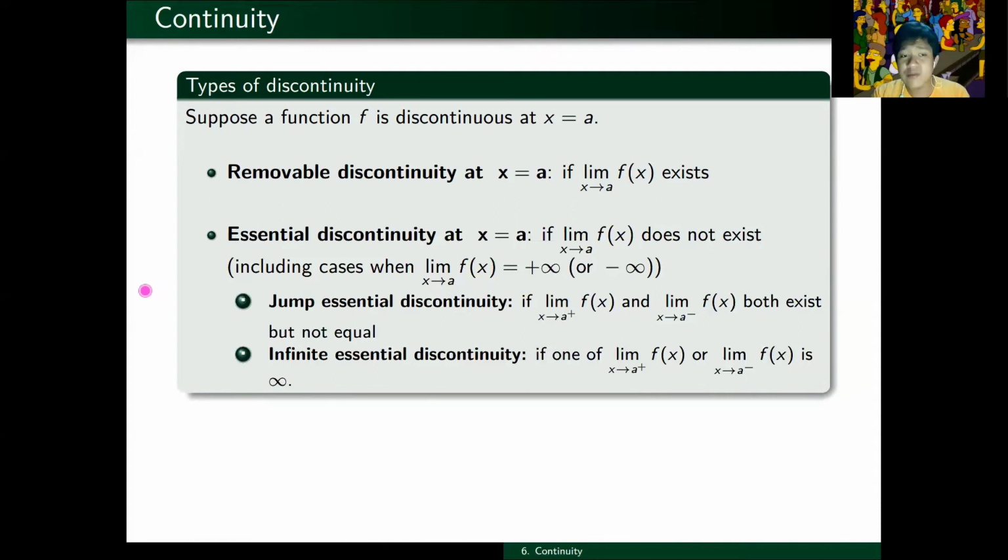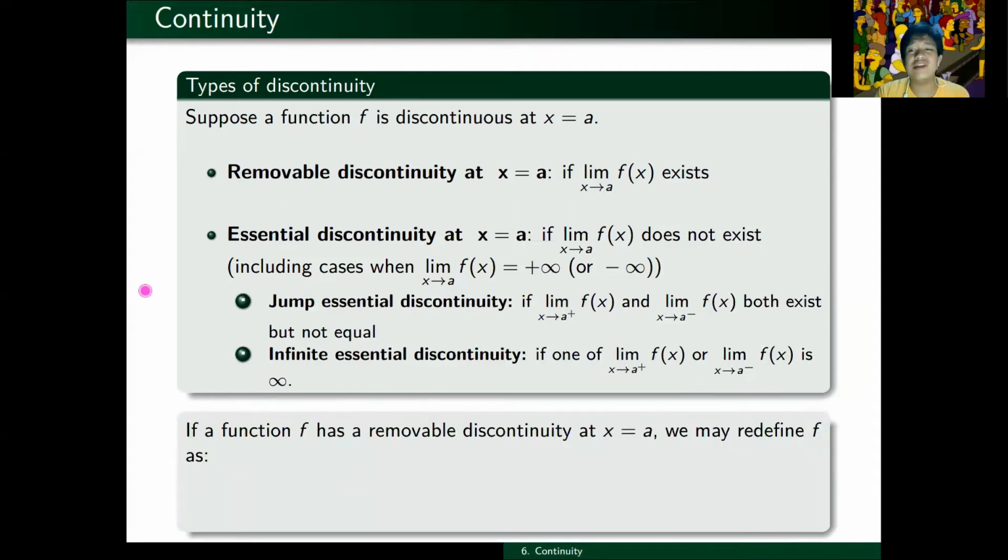Okay, good. Now, if you have a removable discontinuity at x equals a, kaya siya tinawag na removable, no? Kasi you can redefine your function na mawawala yung discontinuity at x equals a. No? You can redefine it such that mawawala yung discontinuity, magiging continuous siya bigla sa a. Hence the term removable discontinuity.